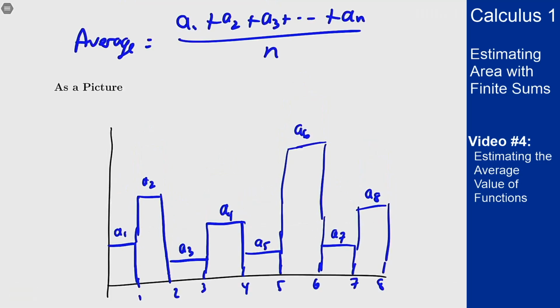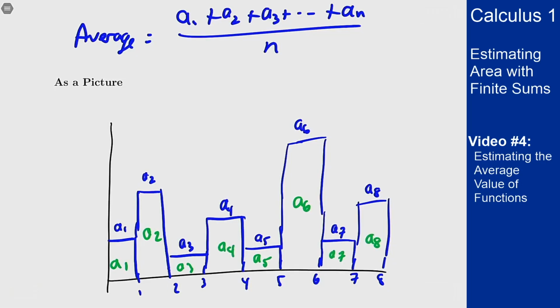Now from this, how can we get the average value? Well, if this is at height a1 here, then the area of this rectangle here is a1, a2, and so on the rest of the way. All of these rectangles have area corresponding to their height, which is the value above. Then the area under this bar graph corresponds to the sum on top of that average part.